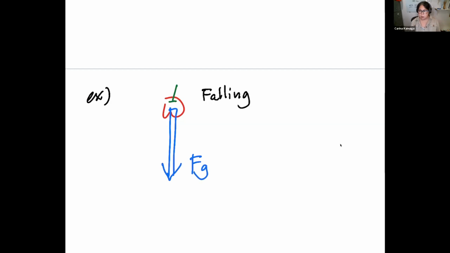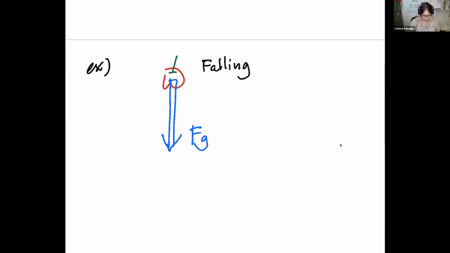What is the pair? For contact forces, normal force or friction force, you always have a pair. How about non-contact forces, like the gravitational force, the field force? Also, force always has to come in pairs.